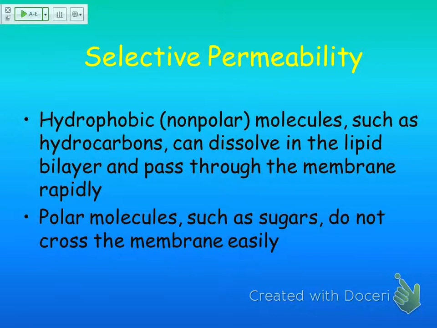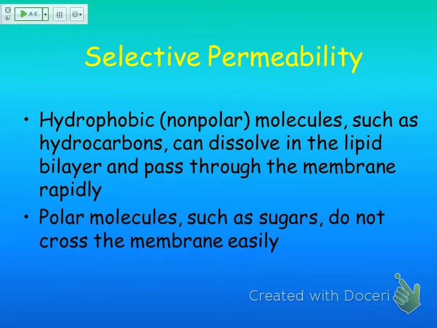So some nonpolar substances can move through the membranes. They have to be small, so some small hydrocarbons can get through, and also small molecules may be able to move through. But larger and polar molecules cannot move through that membrane without going through some sort of a gate.